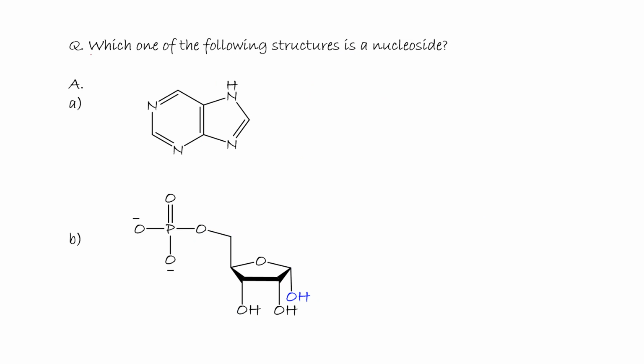Which of the following structures is a nucleoside? A nucleoside structure has base plus sugar. Here in the first structure, we don't have sugar, so this is not a nucleoside. In structure B, we don't have a base in here, no base, so it is not a nucleoside.